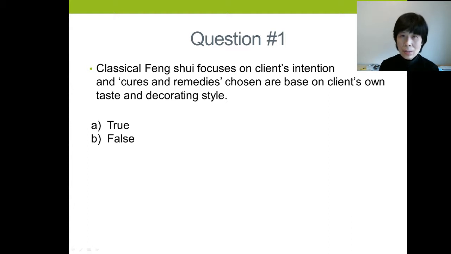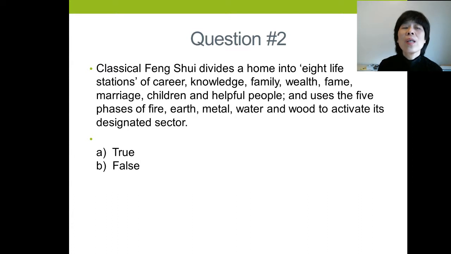So let's get on to question number 2. Write your answers down on a piece of paper so that at the end of the video presentation we can go back to them. You can check your answer and find out if you've answered correctly. So question number 2.